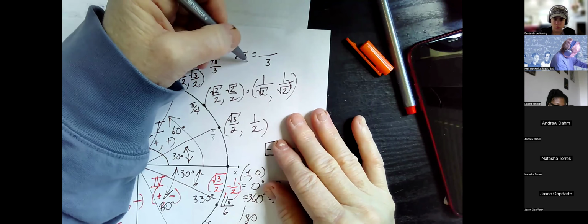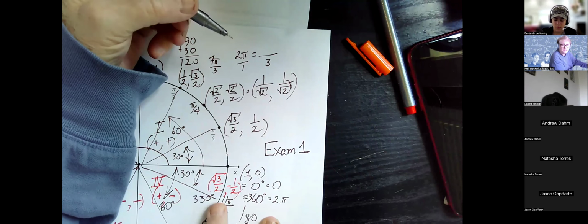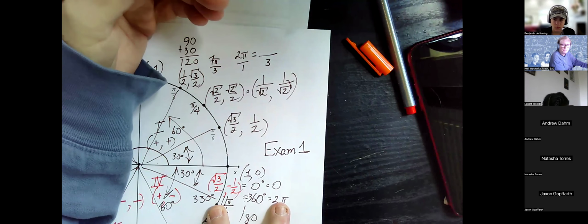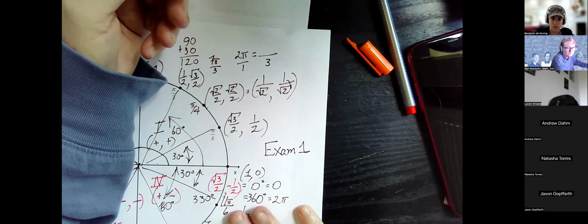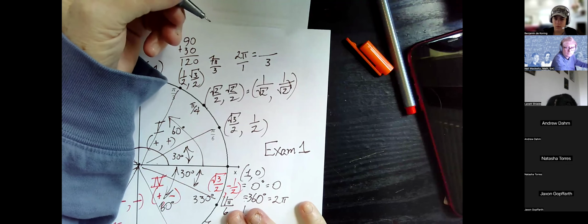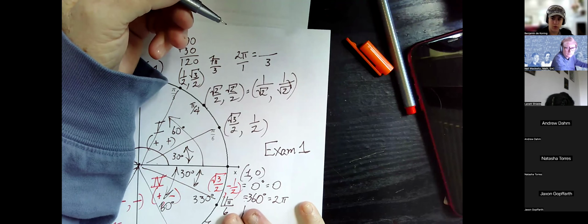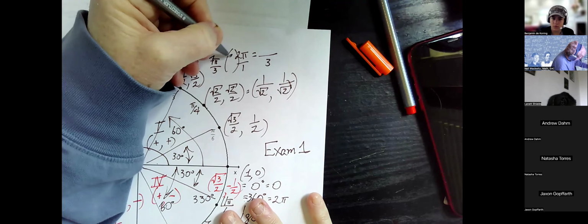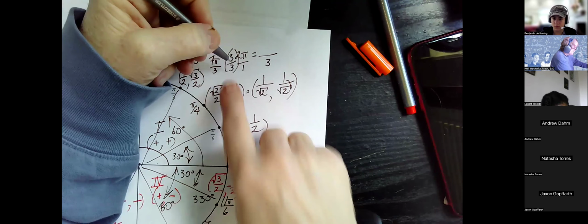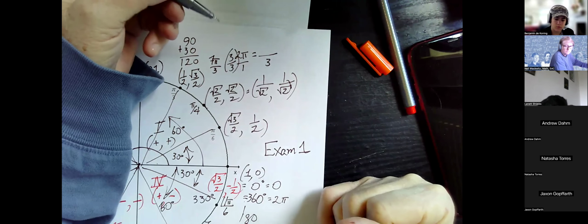So how can you do that? If we have 2 pi over 1, how can we write that as a fraction with a denominator of 3? Multiply the numerator and denominator by 3. Very good. So 3 times 1 is 3. What about the numerator? It'd be 6 pi.